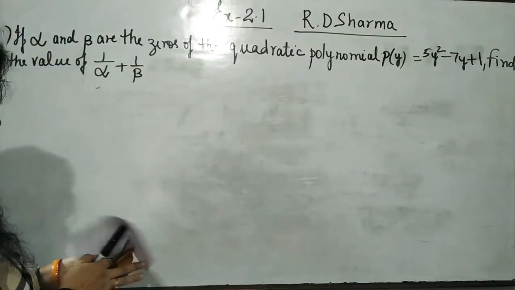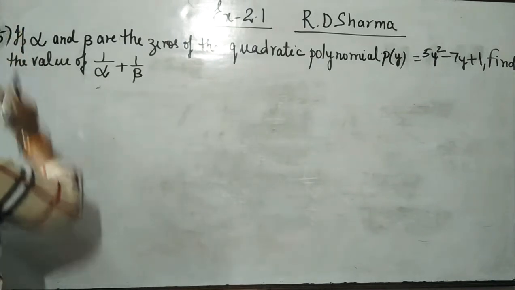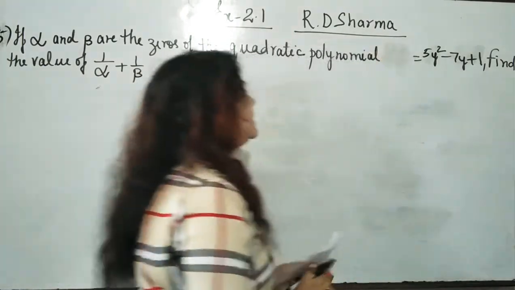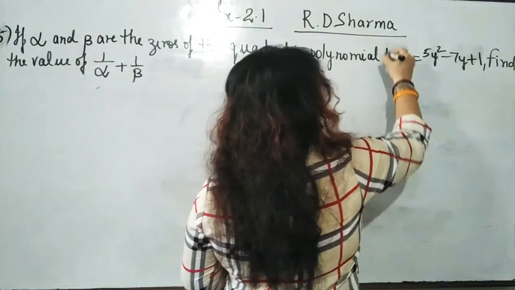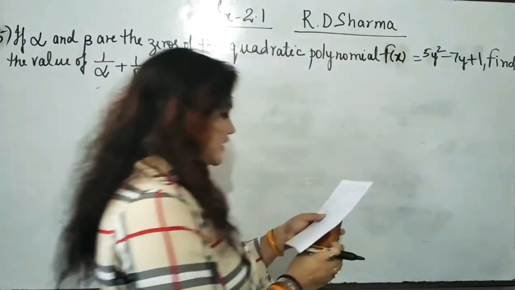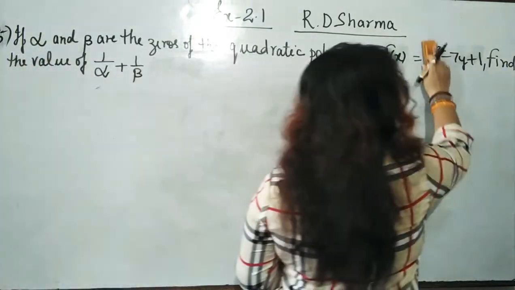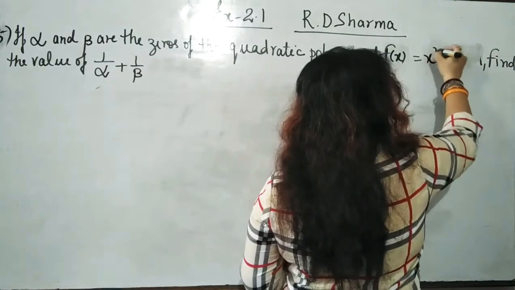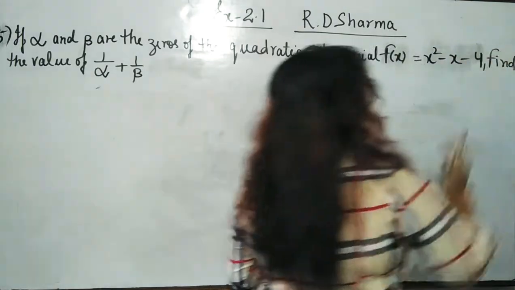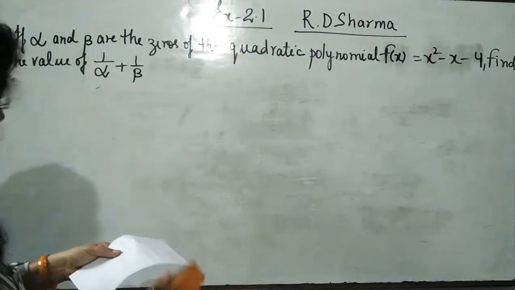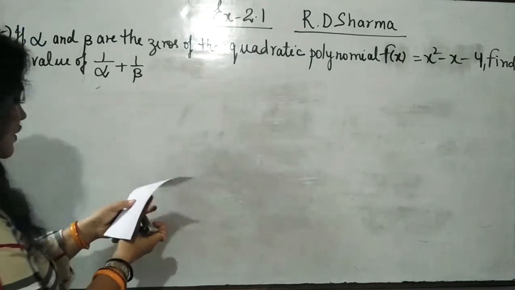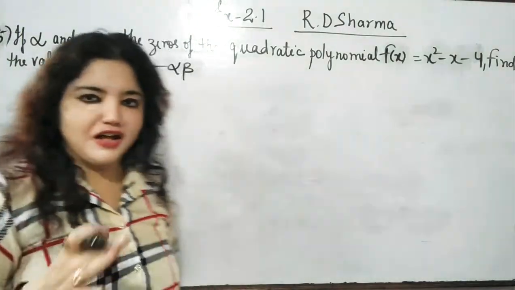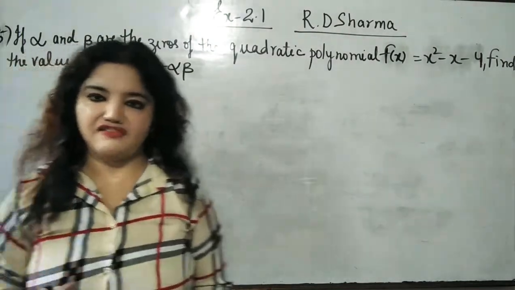We have been given the polynomial in the variable x: f(x) is equal to x squared minus x minus 4. We have to find the value of 1 upon alpha plus 1 upon beta minus alpha beta.